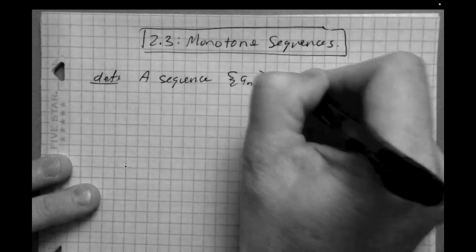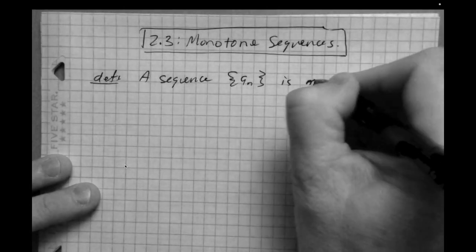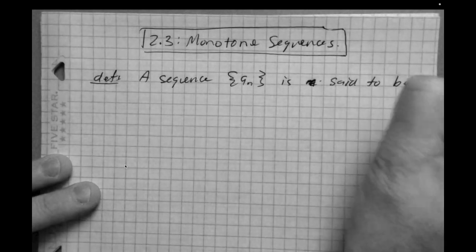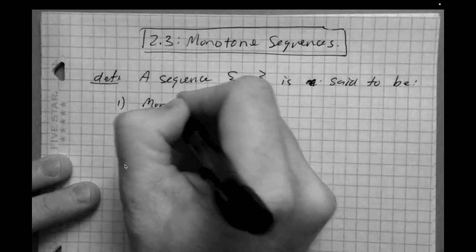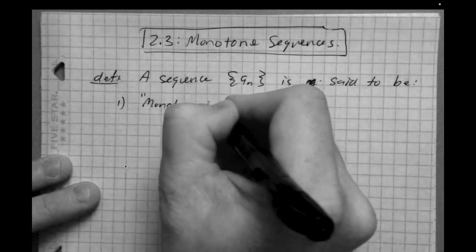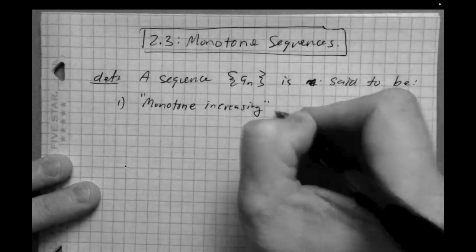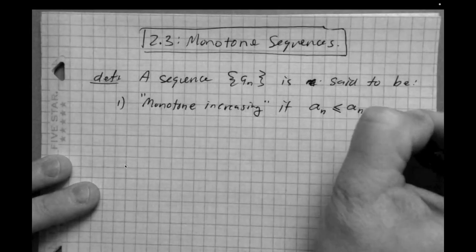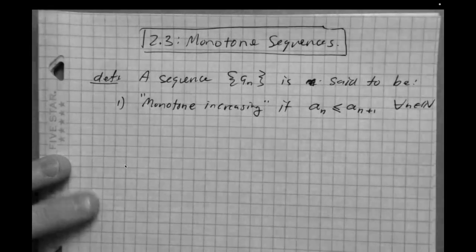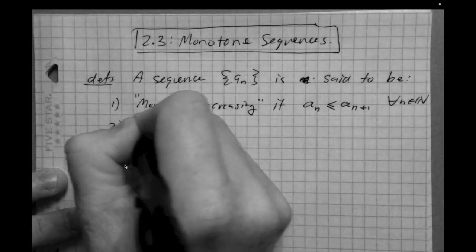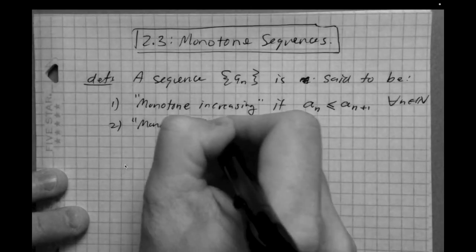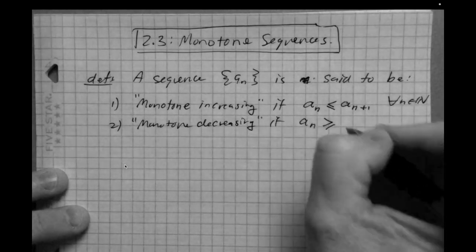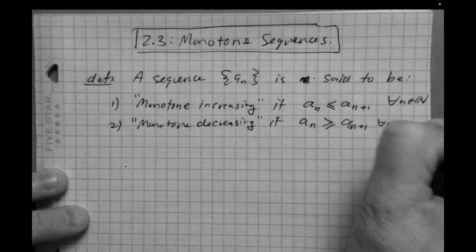A sequence a sub n is said to be monotone increasing if a sub n is less than or equal to a sub n plus 1 for all natural numbers n. We say that it's monotone decreasing if a sub n is greater than or equal to a sub n plus 1 for all natural numbers.